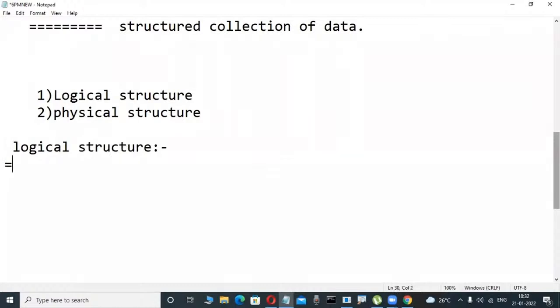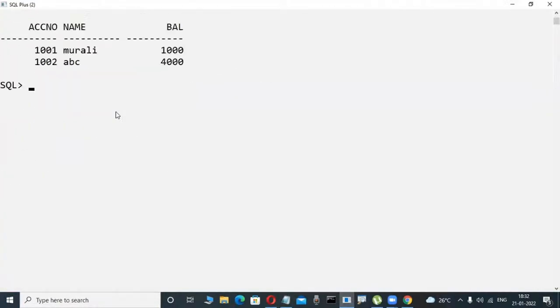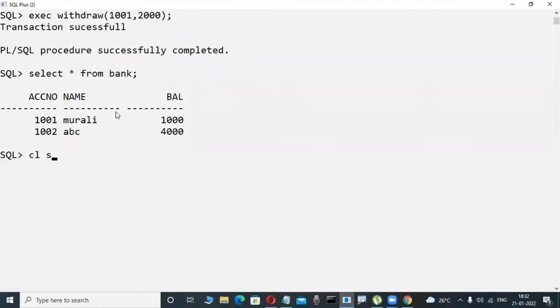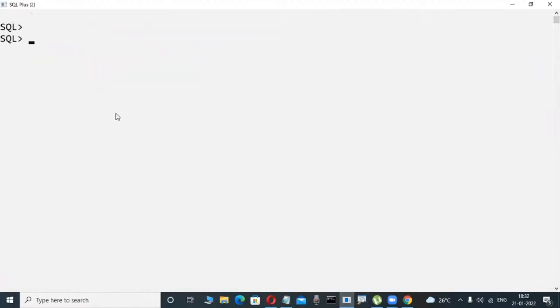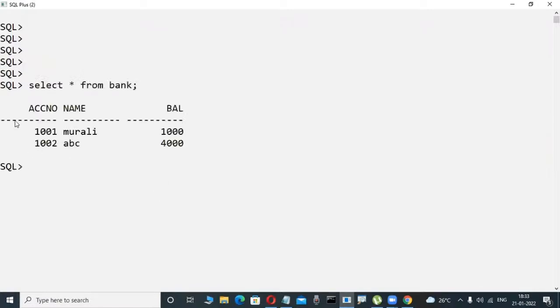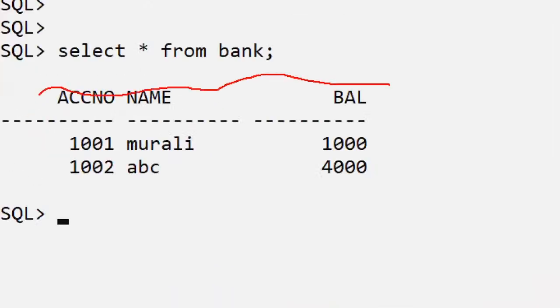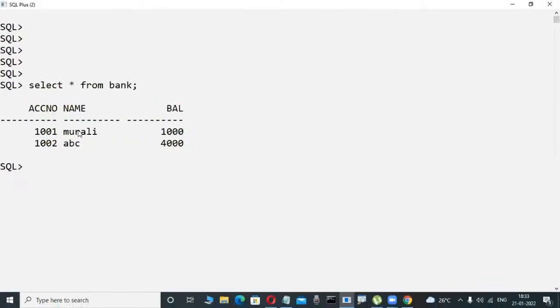Suppose this is Oracle, and I'm installing it. In this Oracle, I try to create a table. Maybe bank is a table. Some syntax is there; don't worry, SQL language is there.